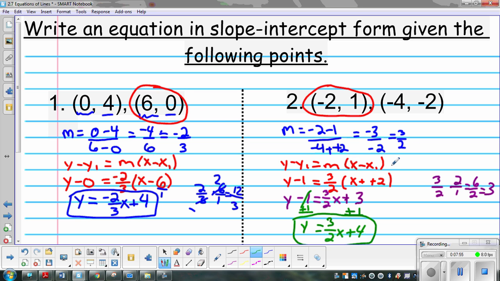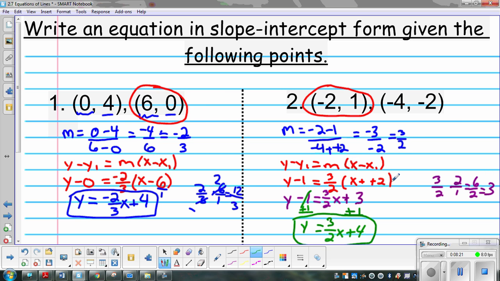Here's my point-slope formula. I chose the point (-2, 1) and the slope 3 over 2. You could have chosen either point and your final answer in slope-intercept form should be the same. It'll differ right here in point-slope, but once we distribute and combine like terms, we should all end up on the same page.